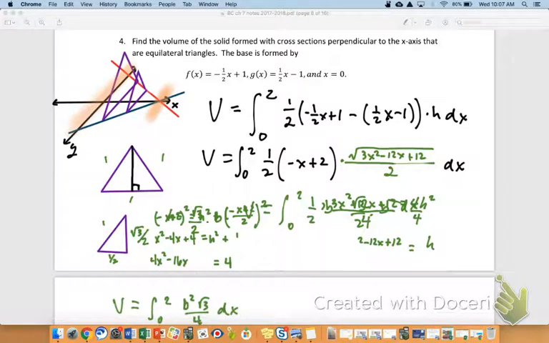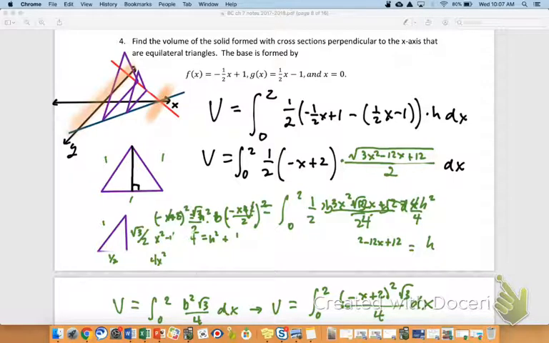So if we then did what you said, it would be integral from 0 to 2 of negative x plus 2 squared root 3 over 4 dx, right? It's hard to see with that little thing there, but a lot of stuff moved that I didn't really want it to move, but that's okay.